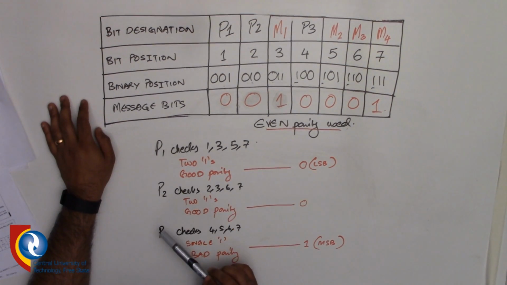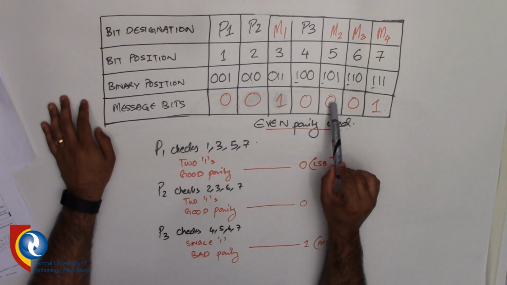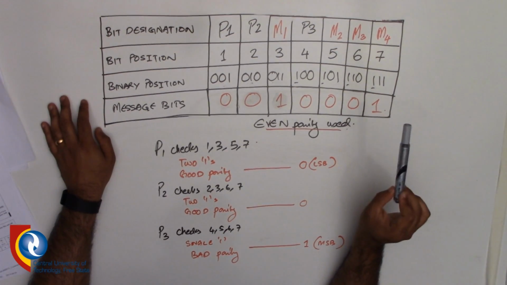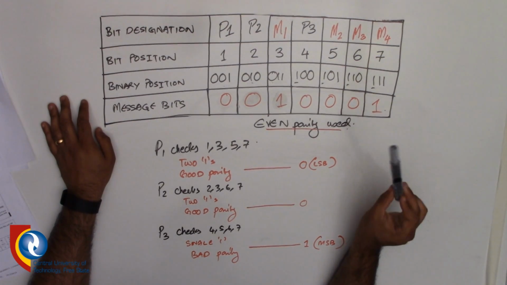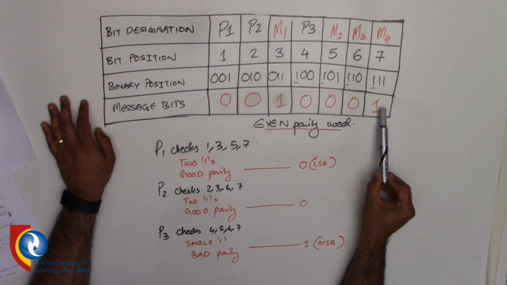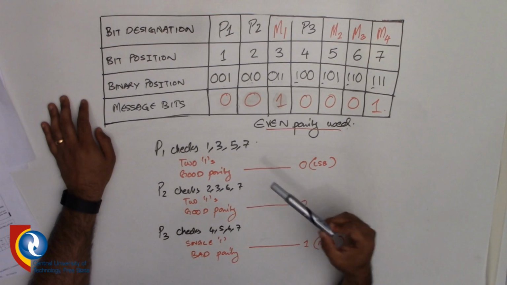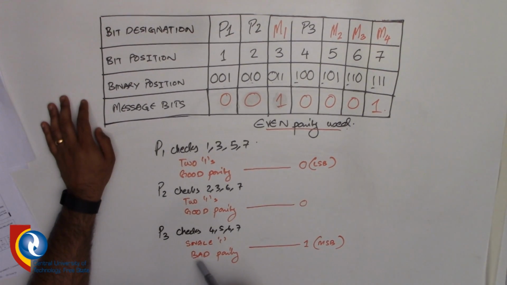The last parity check is for P3, and it checks bit positions 4, 5, 6 and 7. Here we see that there is just a single 1 which is at bit position 7, which is not even, which means that we have a bad parity. And when we have a bad parity, we place a 1. Now P3 defines our MSB.